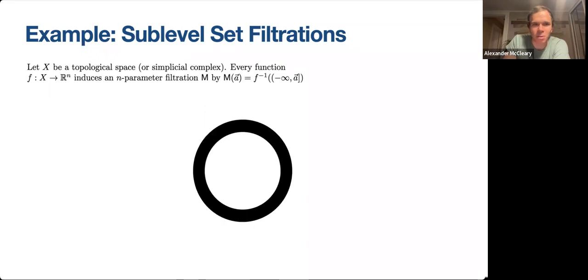So for example, if our space X is this annulus right here, and let's say our function into R^2 is, well, I already have this drawn as a two-dimensional thing. So just imagine your computer screen as R^2.